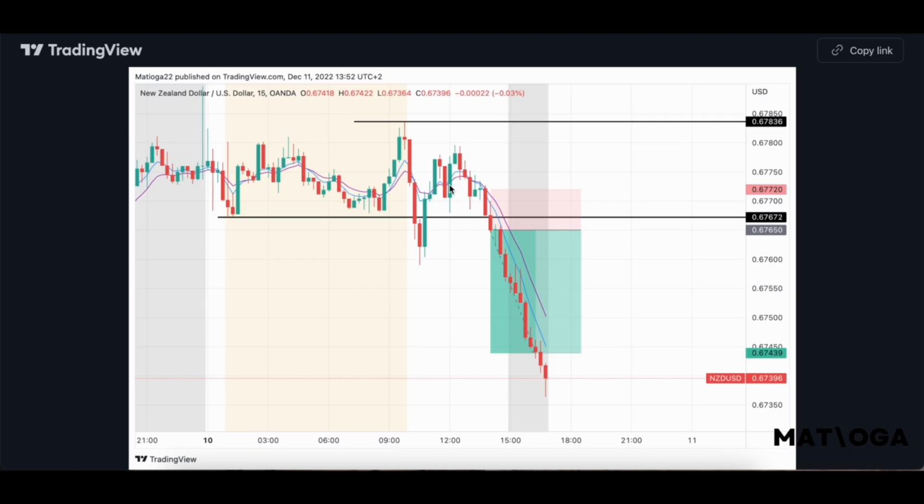I wouldn't say it's a rule, but from my experience, especially experience trading this specific strategy, let me explain why I did not consider taking a long position on this candle. First of all, we had a session high, session low.